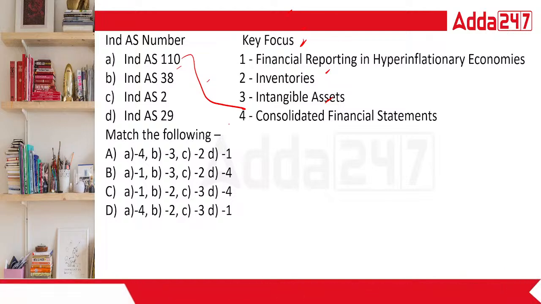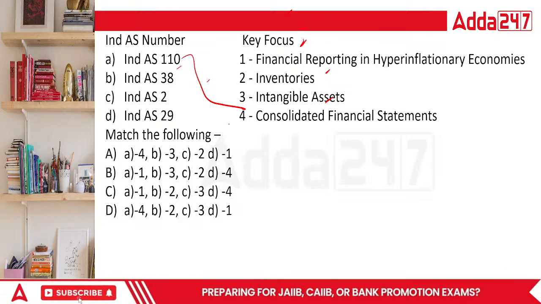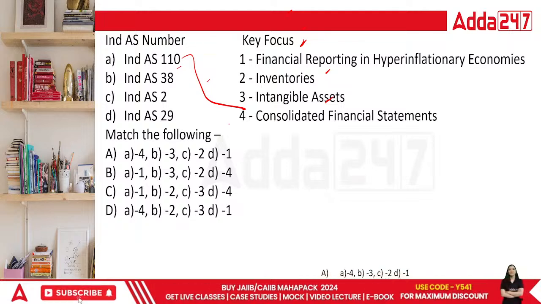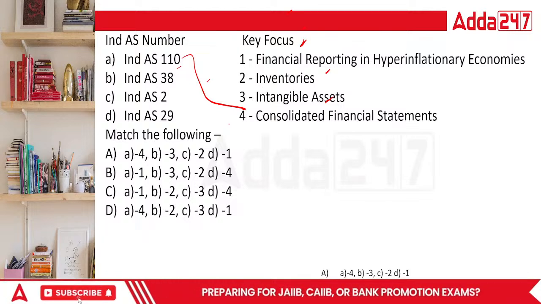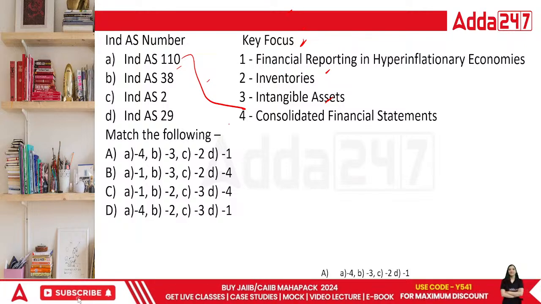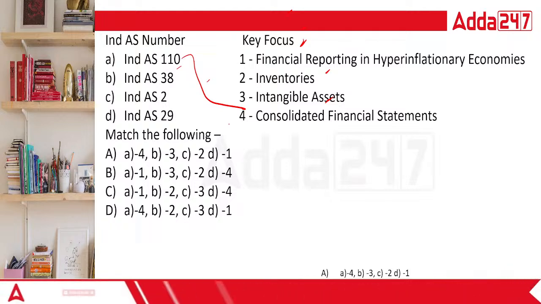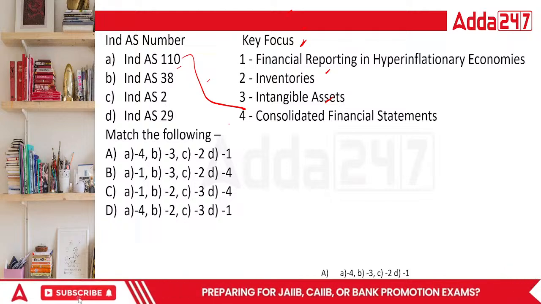The answer is going to be 4321, everyone. A should be having the fourth point. B should be having the third point, as I told you. Then comes C and then comes A. So the lengthiest is A. Everybody done?